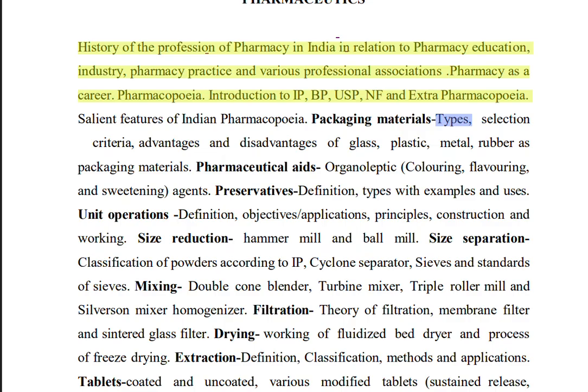Type 4 is the general use glass. And how to select the packaging material according to our drug products plays a crucial role in the MRB Pharmacist exam. Also the advantages and disadvantages we have to cover, overview only. Types of packaging materials such as glass, plastic, metal, rubber and others.